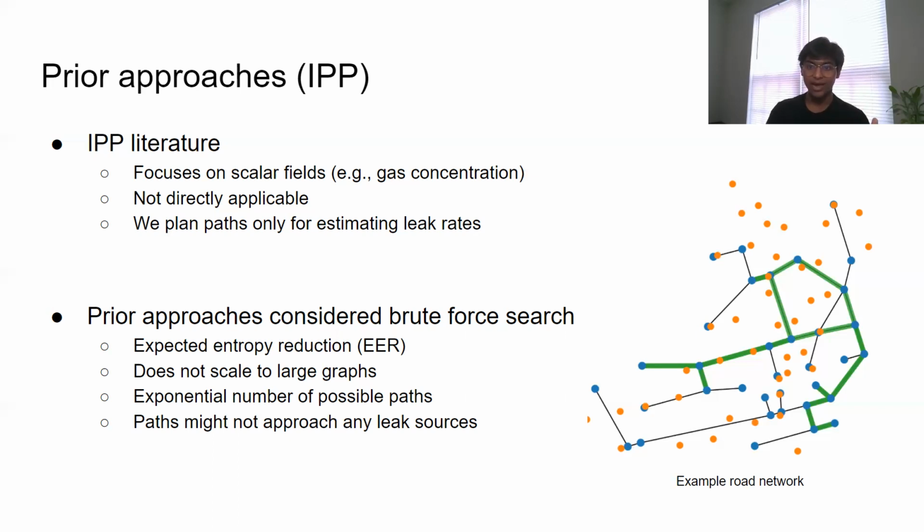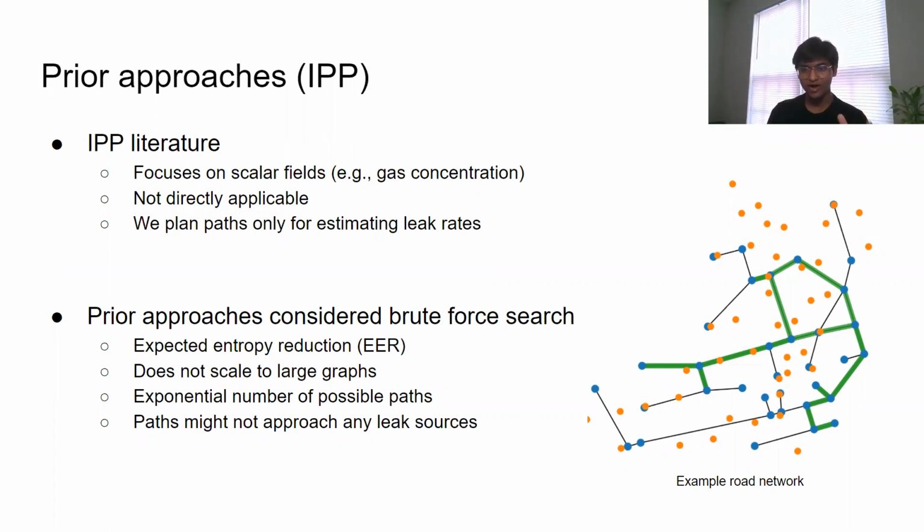Albertson et al. addressed this problem by using a brute force algorithm. They iterated over every possible path within their distance budget and selected the path with the maximal amount of information. They use expected entropy reduction as the metric, a mutual information metric, which measures the informativeness of the paths.